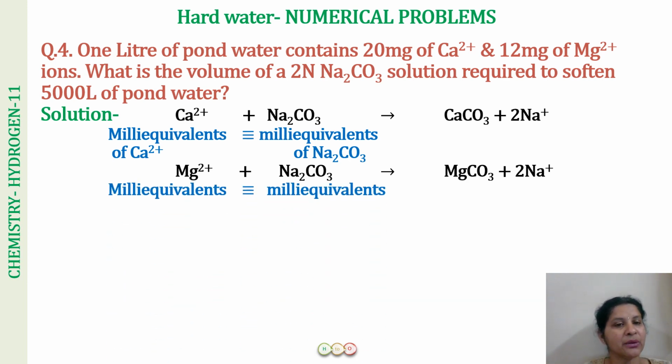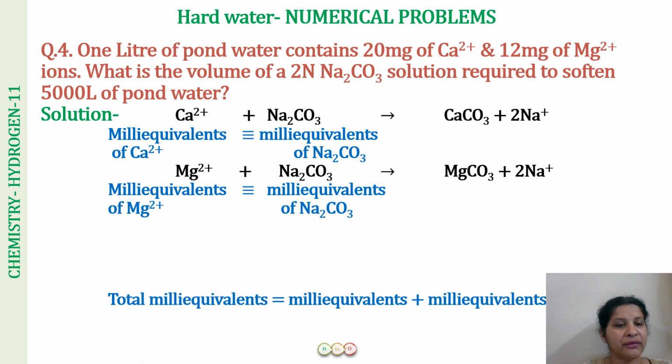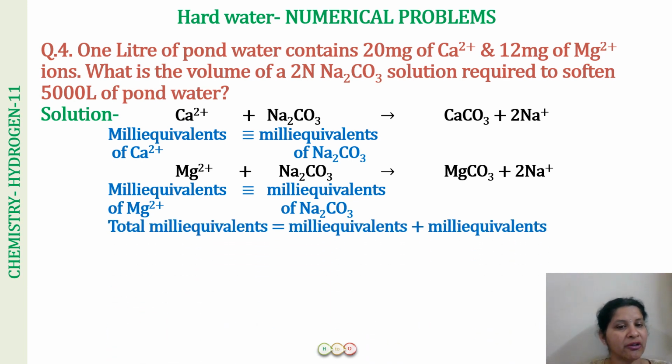So again, the milli equivalents of magnesium ions is going to be equal to the milli equivalents of sodium carbonate. Now, the total number of milli equivalents that are going to be required is going to be equal to the sum total of the milli equivalents of the calcium ions and the magnesium ions, right? So the milli equivalents of sodium carbonate which is going to be required is going to be equal to the sum total of these two.